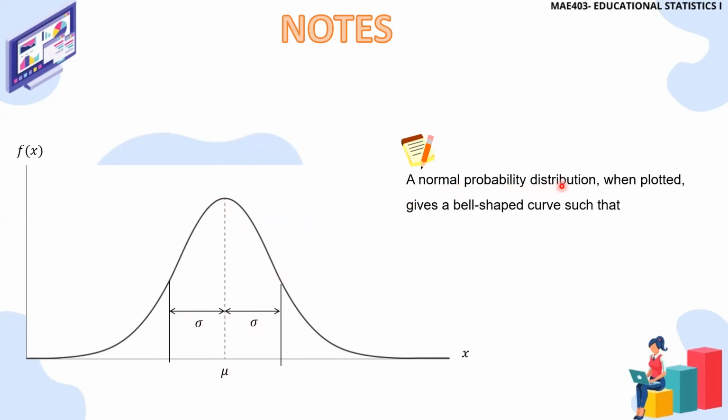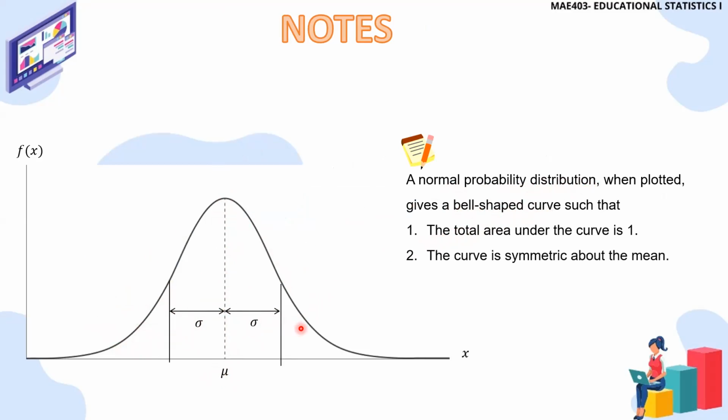A normal distribution when plotted gives a bell shape curve such that the total area under the curve is equal to 1, and the curve is symmetric about the mean. Here the center is equal to the mean, and the two tails of the curve extend indefinitely, to the right and to the left.